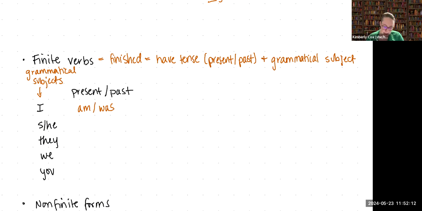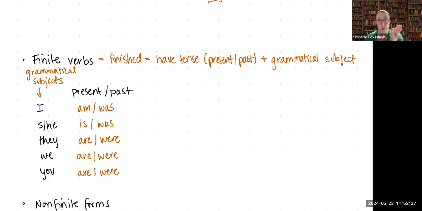She or he is hungry. She or he was hungry. They are hungry or they were hungry. We are hungry. We were hungry. Or you are hungry. You were hungry. And with you, the verb form remains the same.